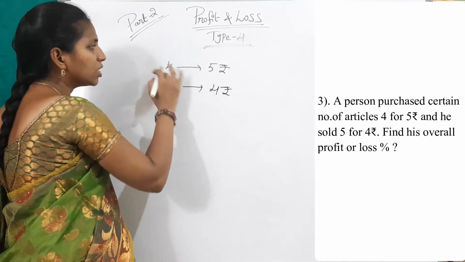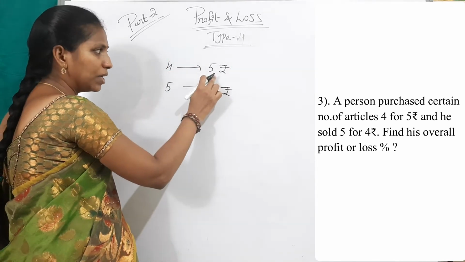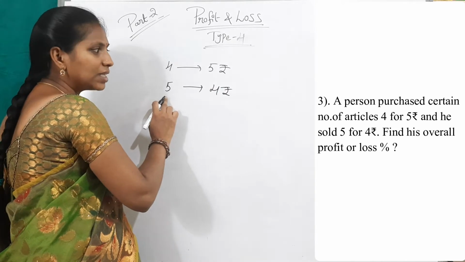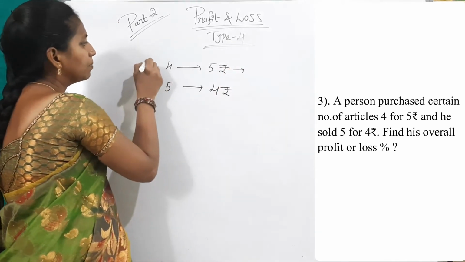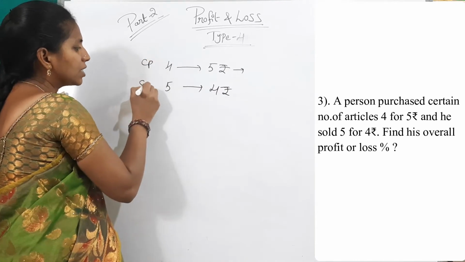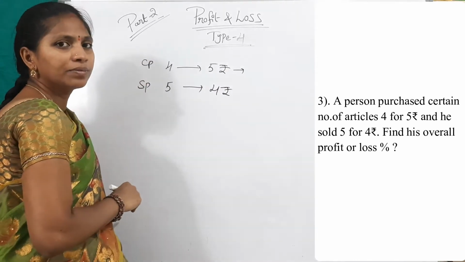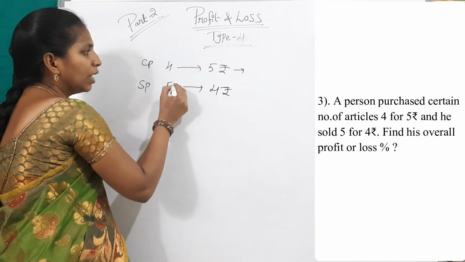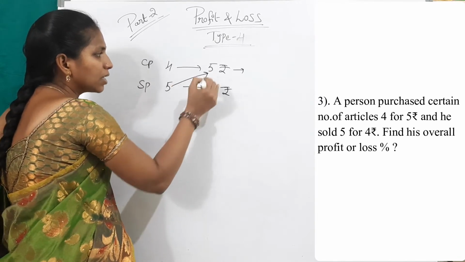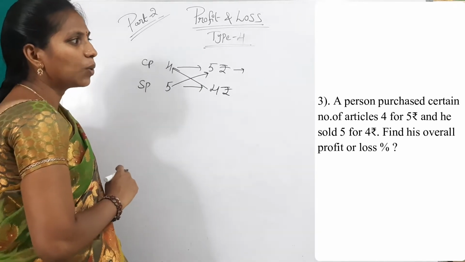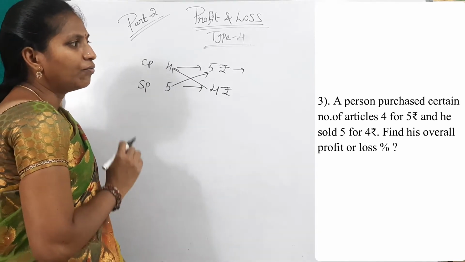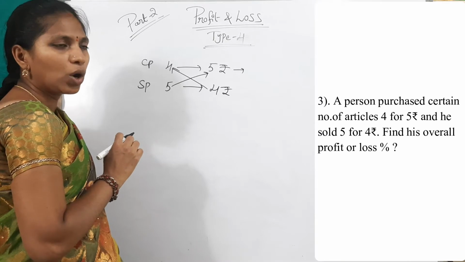Here he purchased 4 articles for 5 rupees and sold 5 articles for 4 rupees. So this is CP and this is SP. Now place arrow marks like this. Now what is the question? Find his overall profit or loss percentage.